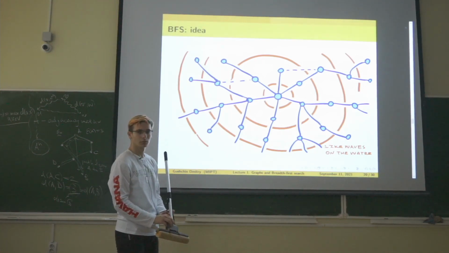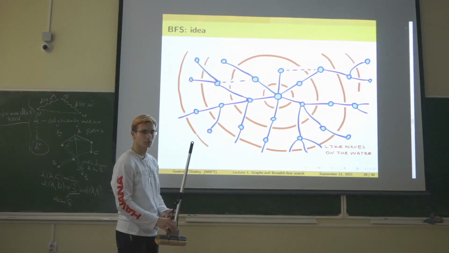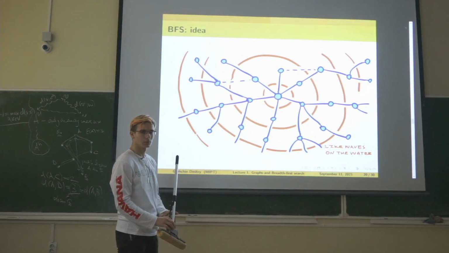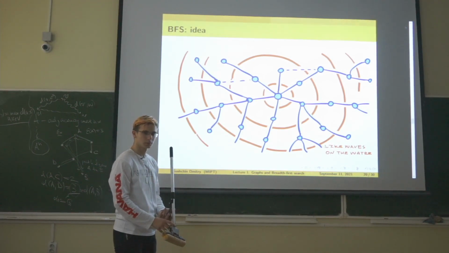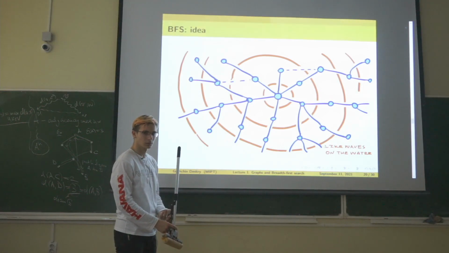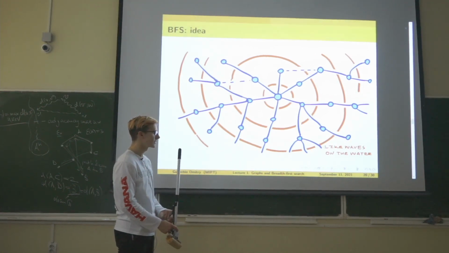We just consider the edge, for example, the edge between two vertices. We just go through the edge, we don't use it 2 times. Oh, about 2 times.